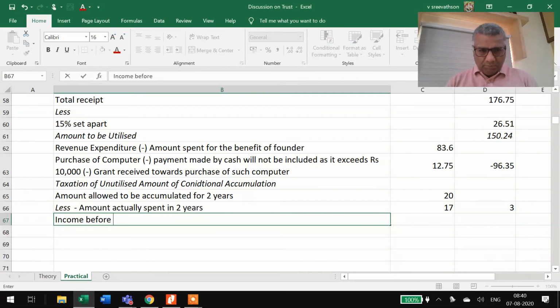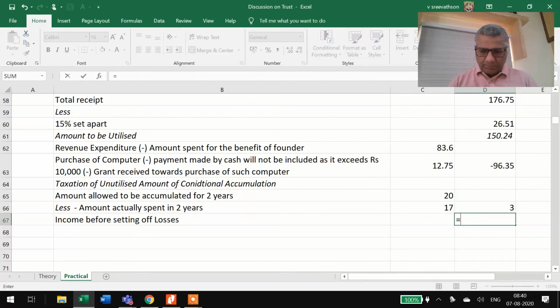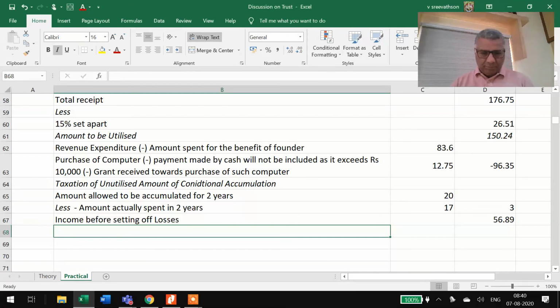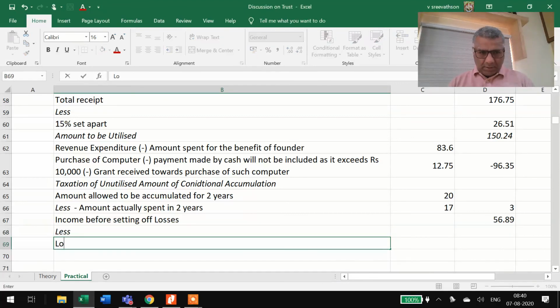Income before setting off losses. Yes, loss brought forward.